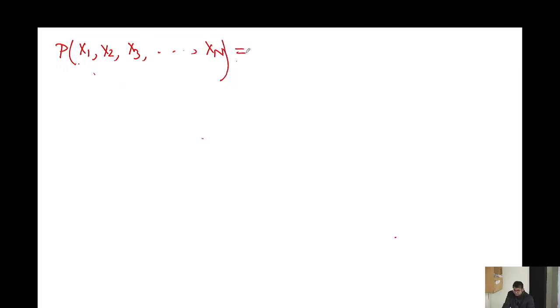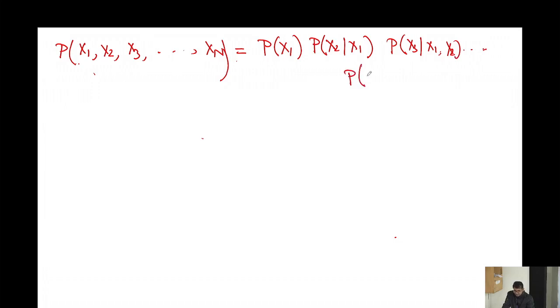This will be equal to probability of x1, probability of x2 given x1, probability of x3 given x1 comma x2, dot dot dot, probability of xn given x1 to n minus 1. x1 to n minus 1 means x1 comma x2 comma x3 until xn minus 1.